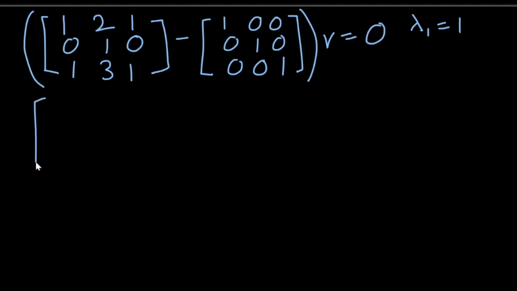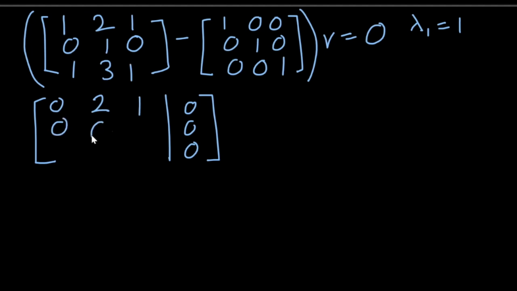Now I could rewrite this in the form of an augmented matrix, 0 0 0. So I have 1 minus 1 as 0, 2 minus 0 as 2, 1 minus 0 as 1, 0, 1 minus 1 as 0, 0, 1, 3, and 0.